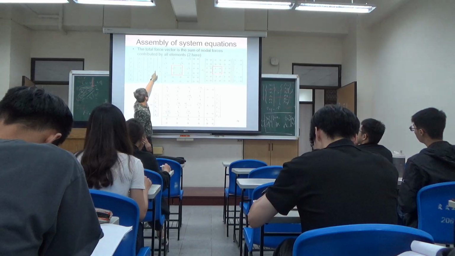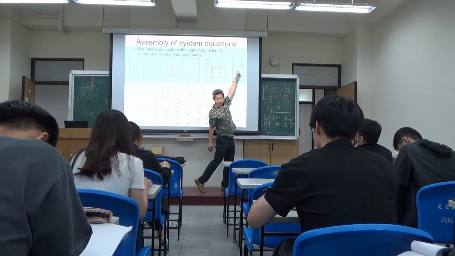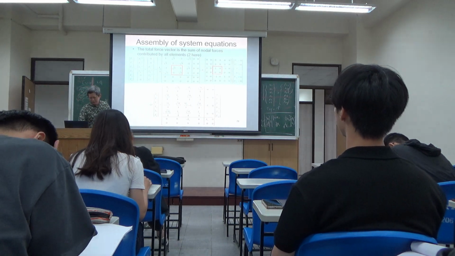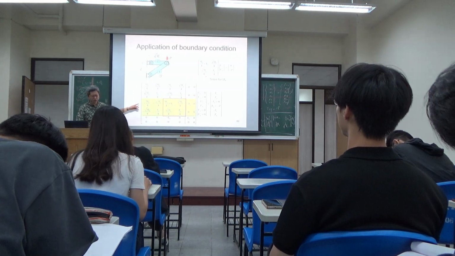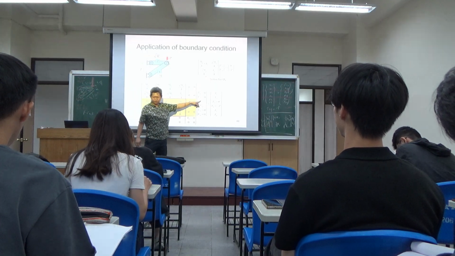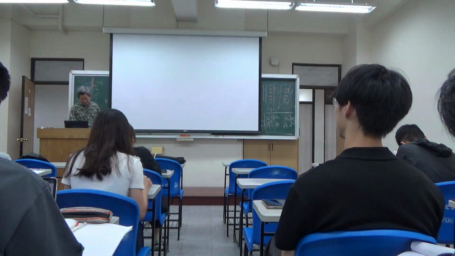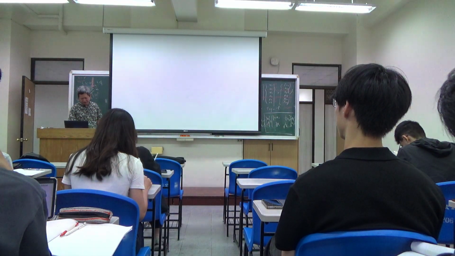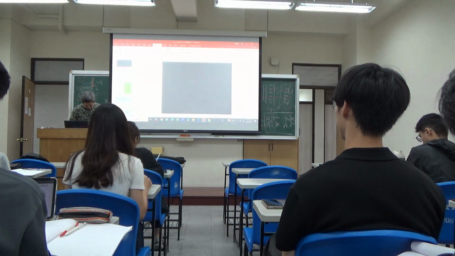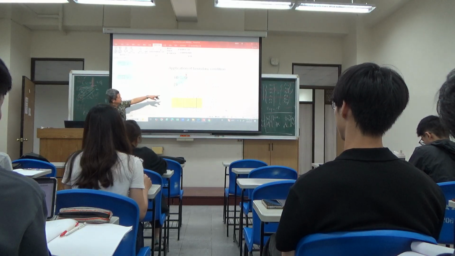You just pick up the ones associated with free nodes, U3, U4. Okay? And now you only need to solve the equation associated with the free displacements. And this gives you the answer. Okay? With this, you solve for the answer.